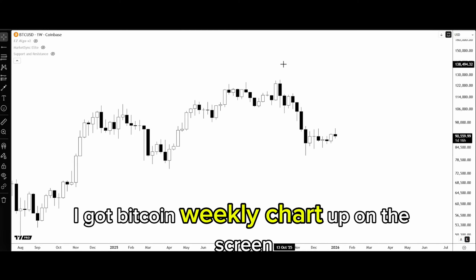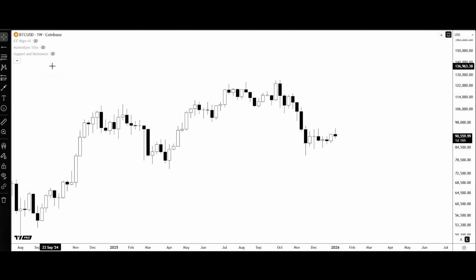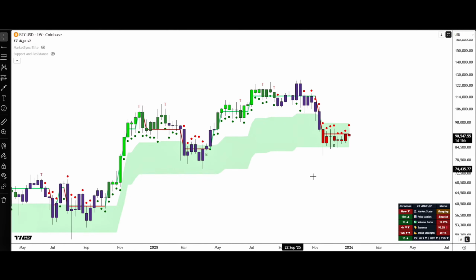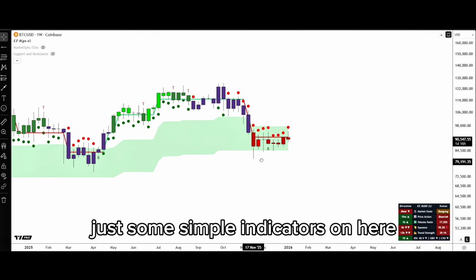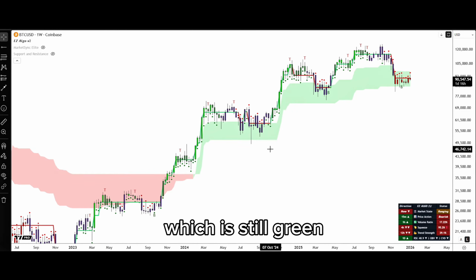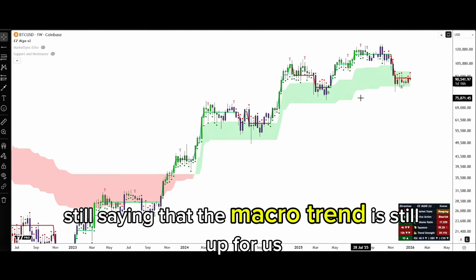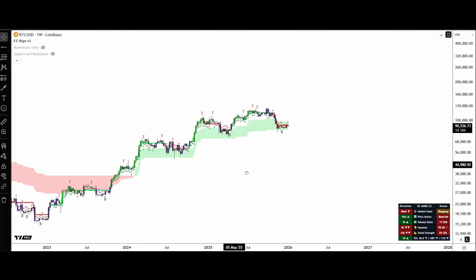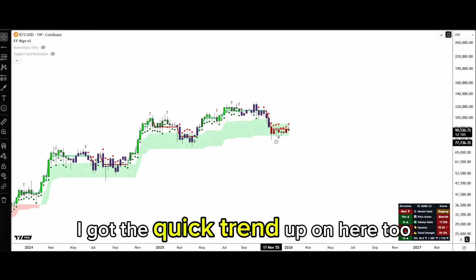So I got the Bitcoin weekly chart up on the screen, just a Coinbase chart. Just keep it simple. So first off, just loading up V2, just some simple indicators on here. We have our cloud right here, which is still green, still saying that the macro trend is still up for us. I got the quick trend up on here too.